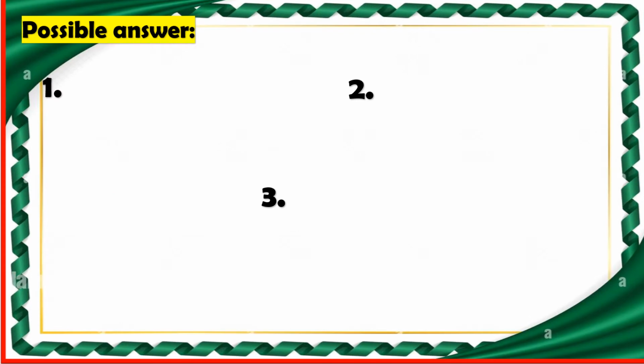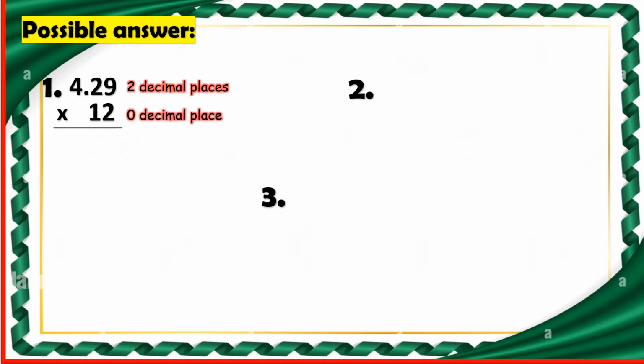Okay, so here is the possible answer. So for number 1, so we have 4.29 multiplied by 12. Okay, so 4.29 has 2 decimal places. Number 12 has 0 decimal places.